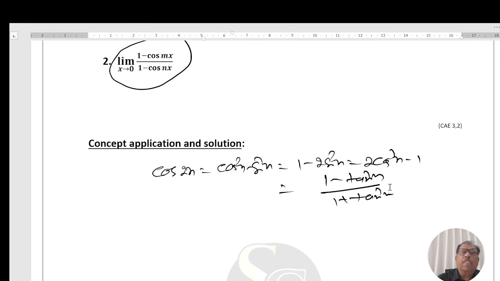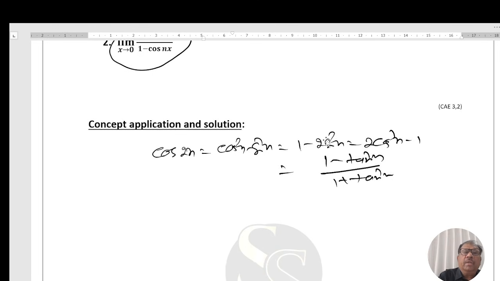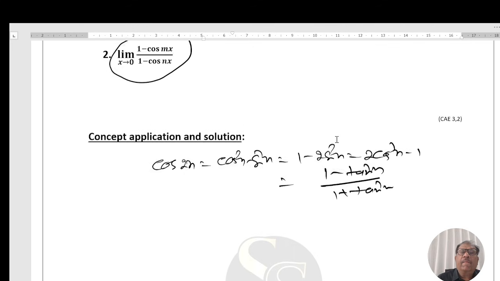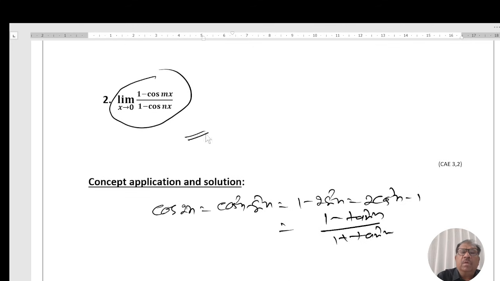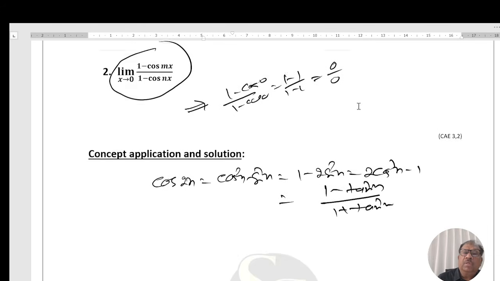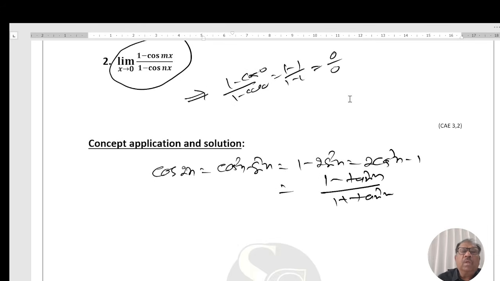These are the formulas. If we put the limit directly, we substitute the limit, we get 1 minus cos 0 upon 1 minus cos 0, that is 1 minus 1, 1 minus 1, that is 0 by 0 form.